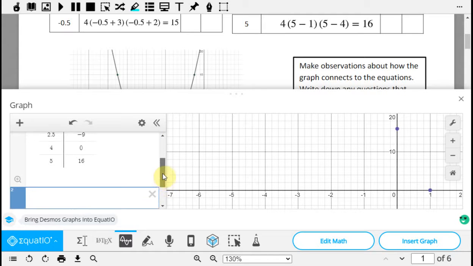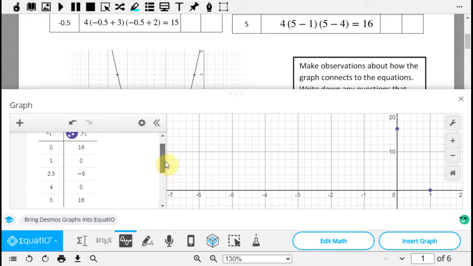So there's our points. And I will use these points here, and I'm going to center our graph now.